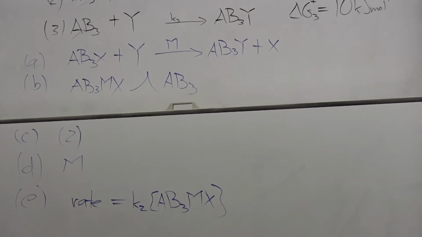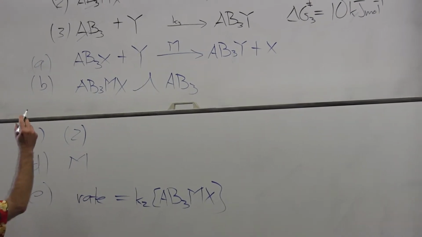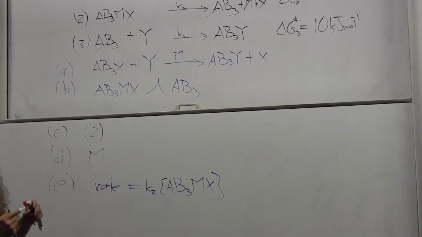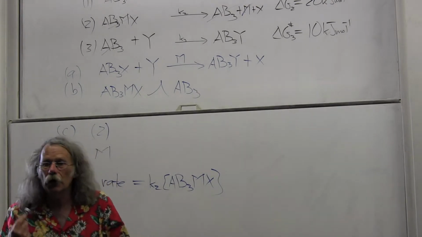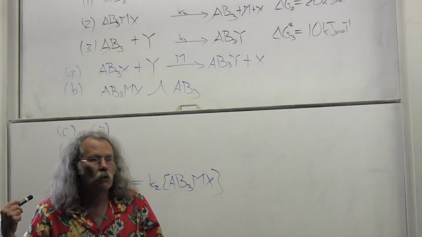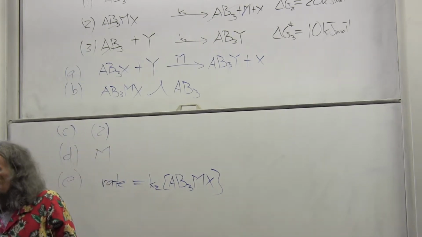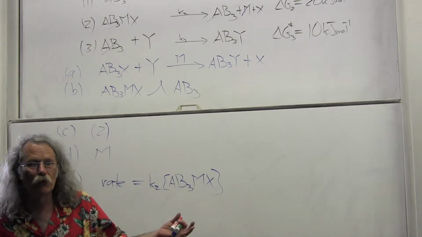And for all equilibrium, what is always true? What's true of all equilibrium processes when it comes to rates? The forward rate equals the reverse rate. That's why they're equilibrium. There's no further change.